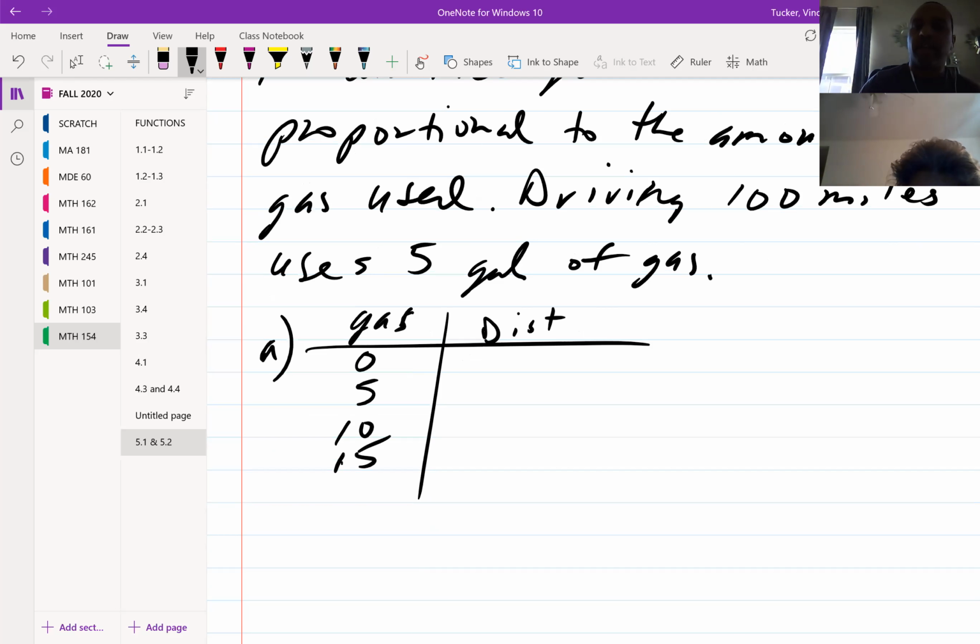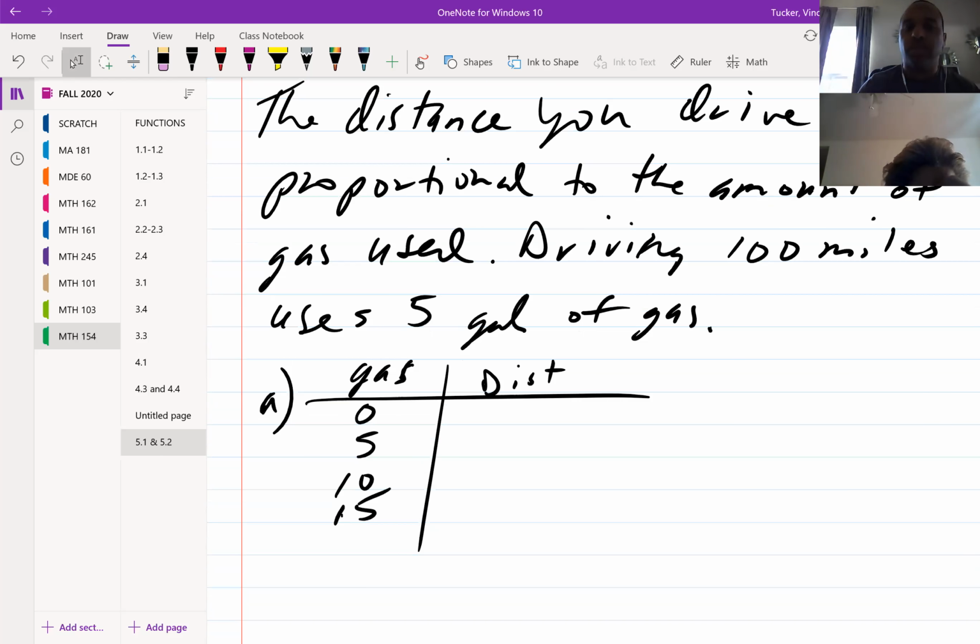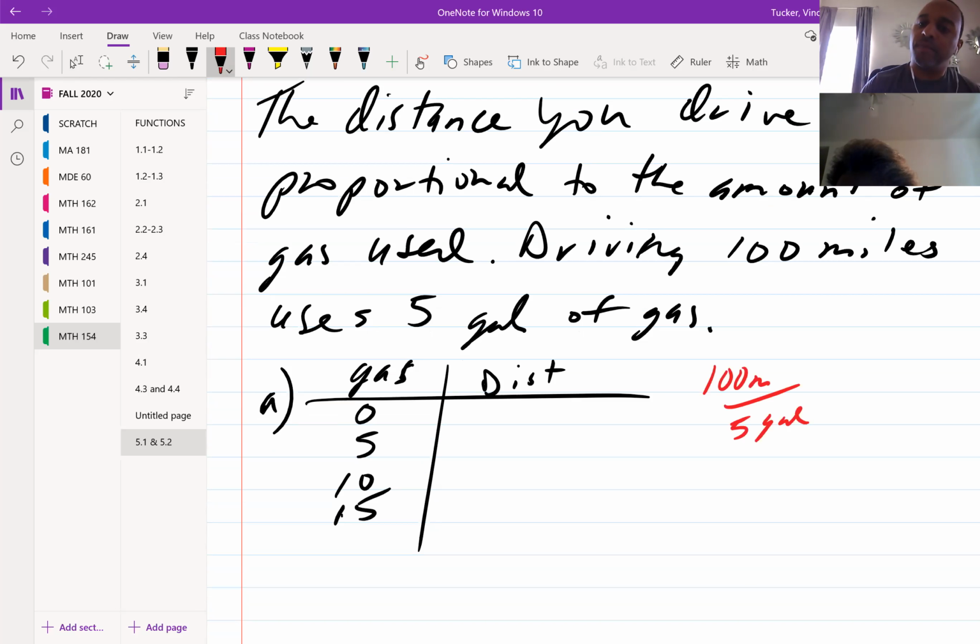So you got gas. It says driving 100 miles uses 5 gallons of gas. So miles per gas. So it's 100 miles per 5 gallons of gas. So that's 20 miles per gallon.